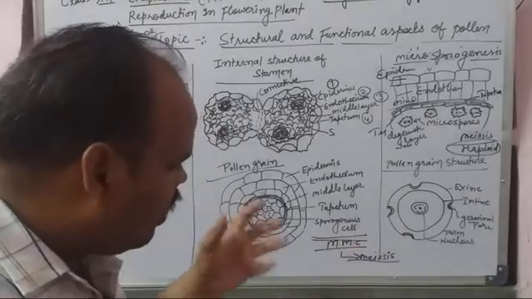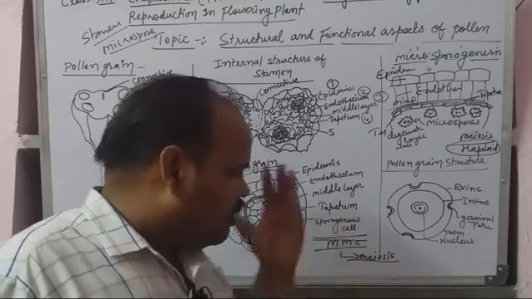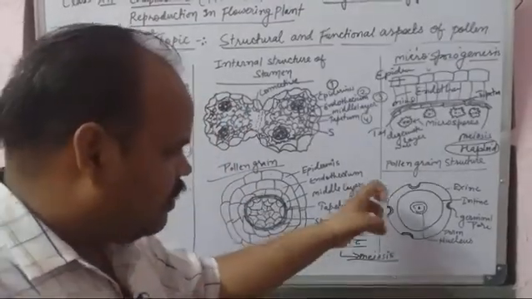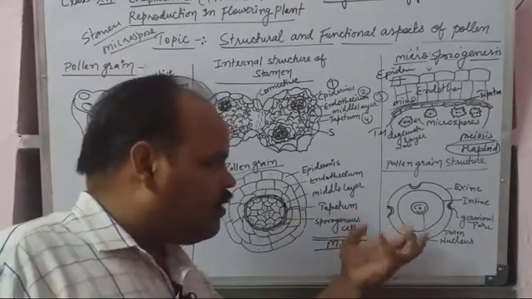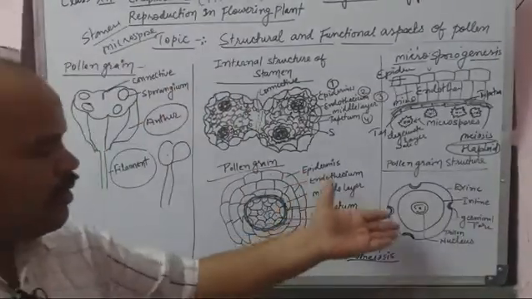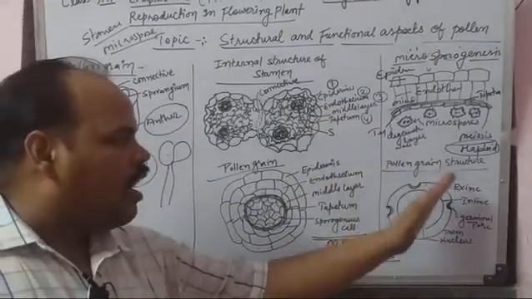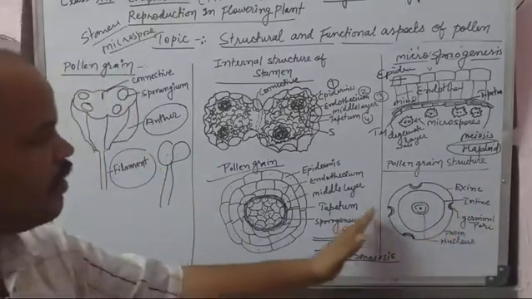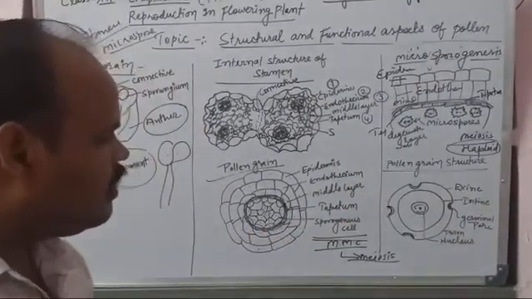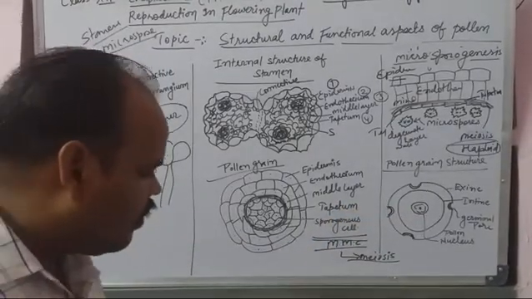The outer layer is called the exine, and the inner layer is called the intine. After that, there is the germinal pore, which consists of the exine layer, and there is a nucleus, called the pollen nucleus.